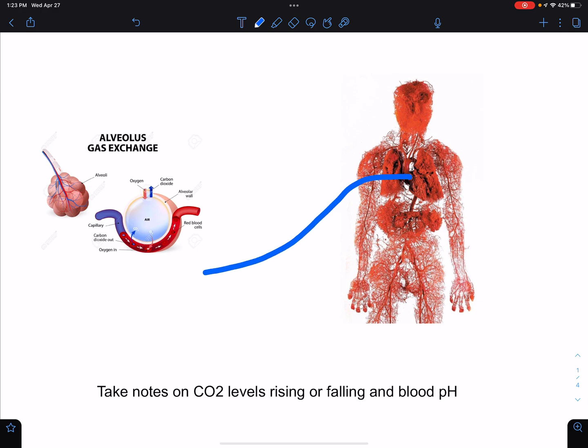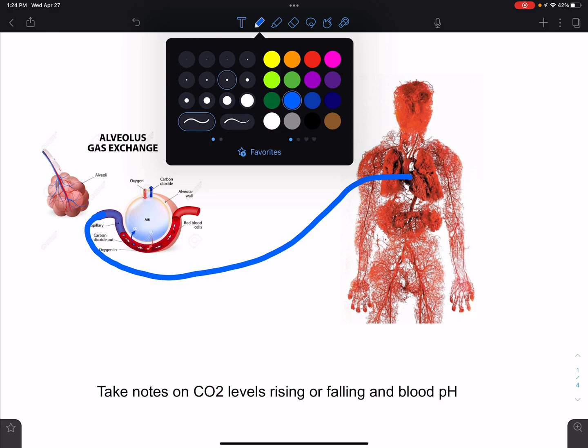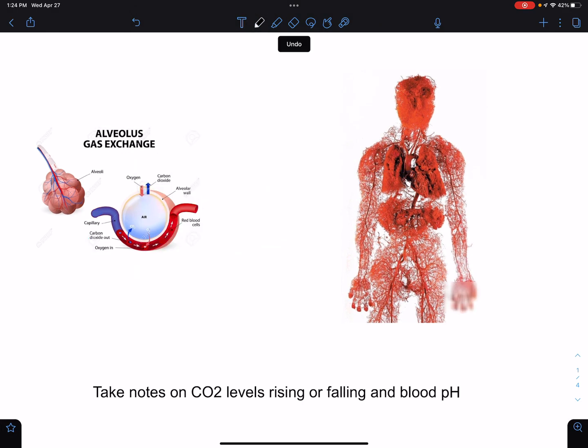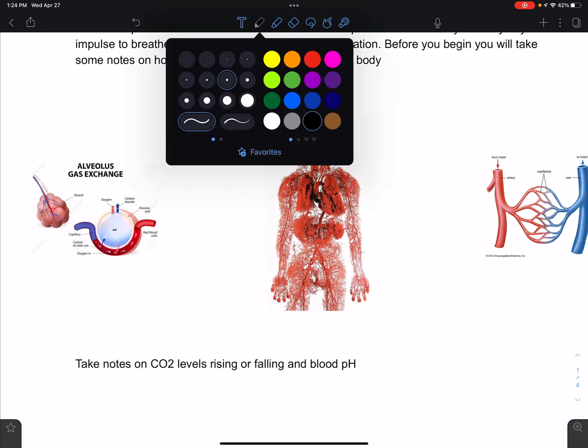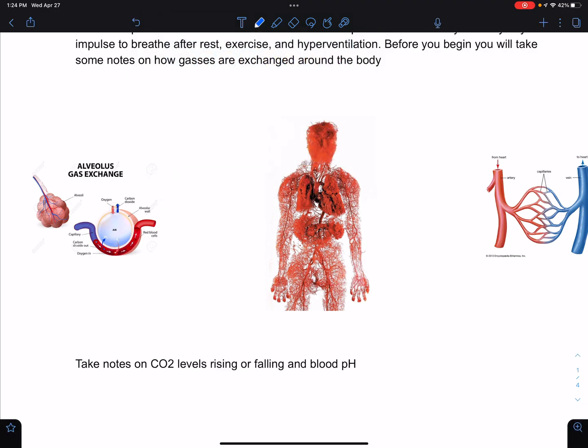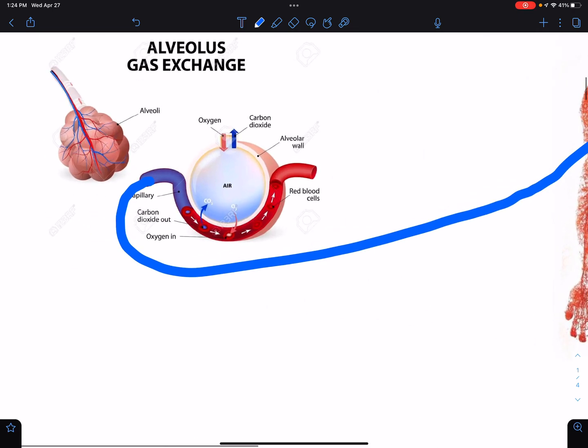With oxygen-poor blood coming to the lungs through the pulmonary artery. So the pulmonary arteries are bringing oxygen-poor blood to the lungs, and this blood is rich in CO2.